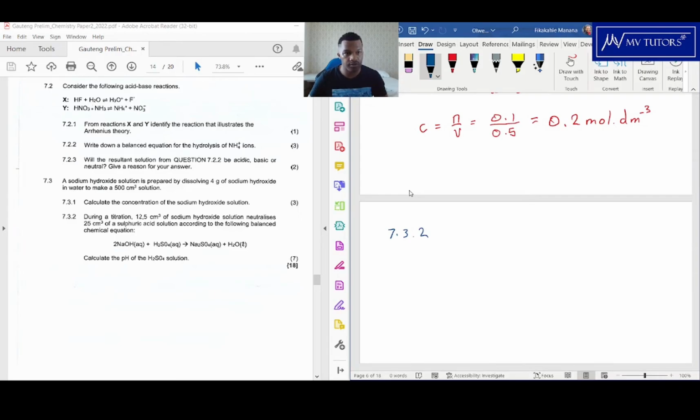Here concentration is number of moles over volume, but if I isolate the number of moles, then concentration times volume equals number of moles. Now we're gonna do this for the acid, divided by the same thing, but this time for the base.